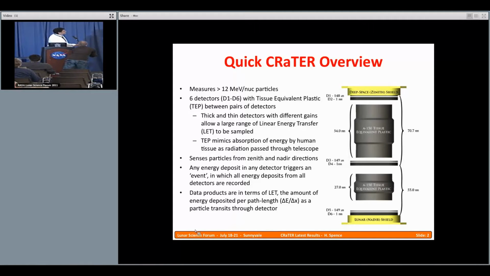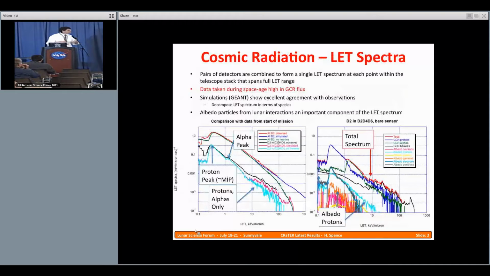This direction of the sensor points out into deep space, and this points towards the moon. Depending on the incidence of particles, whether they're coming from deep space or from the moon, you can discriminate between the sources of the particles, which becomes very important for separating incident galactic cosmic rays from albedo particles that are actually coming from the moon.